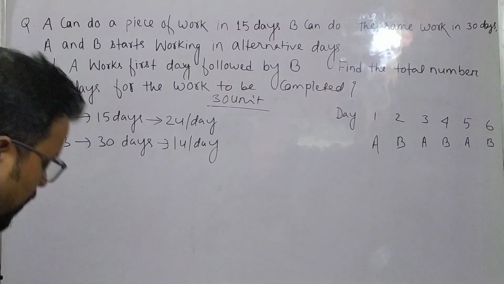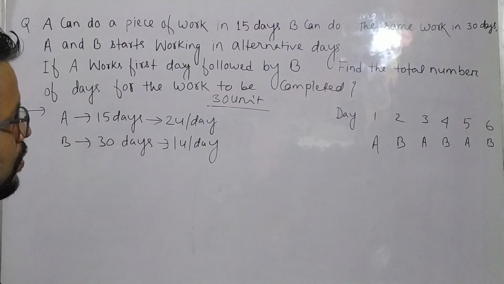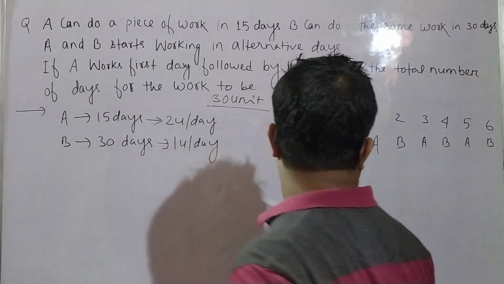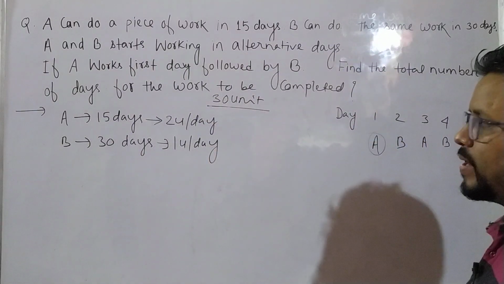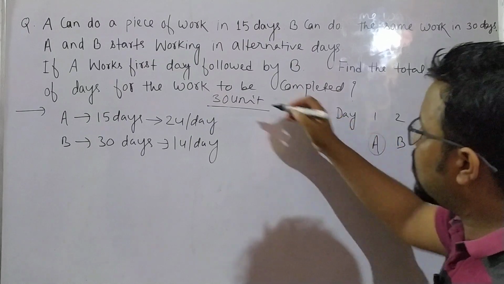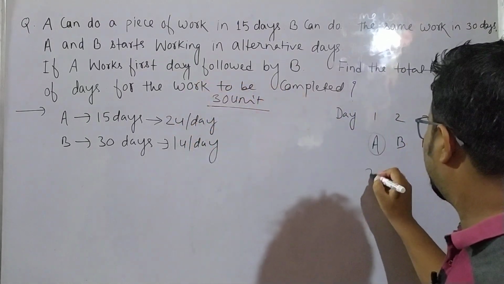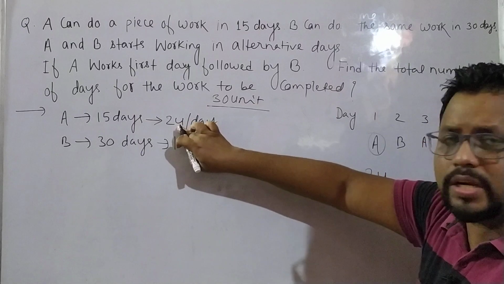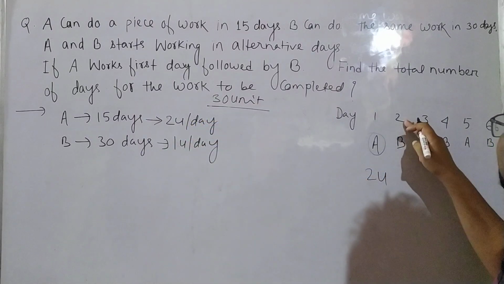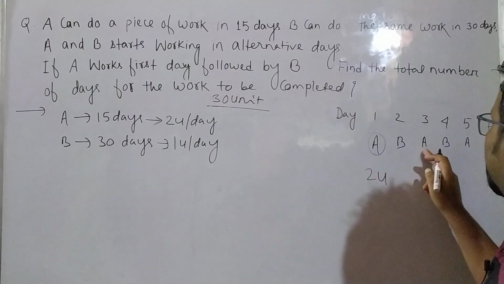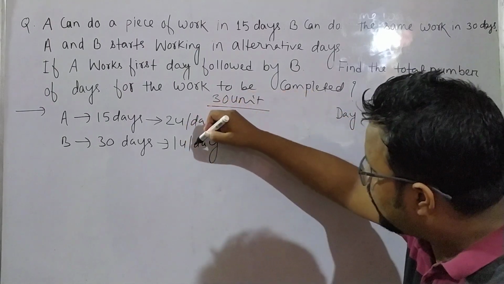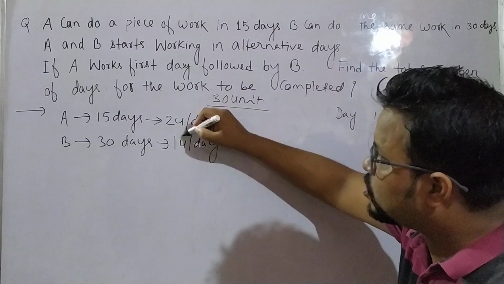Now, if we see here, on the first day A is working. So A is doing how much work? 2 units. On the second day, who is working? B is working.